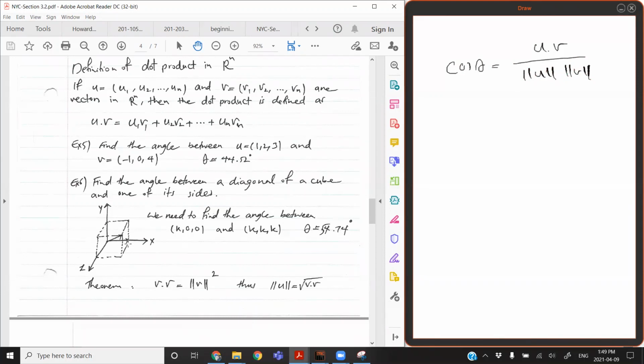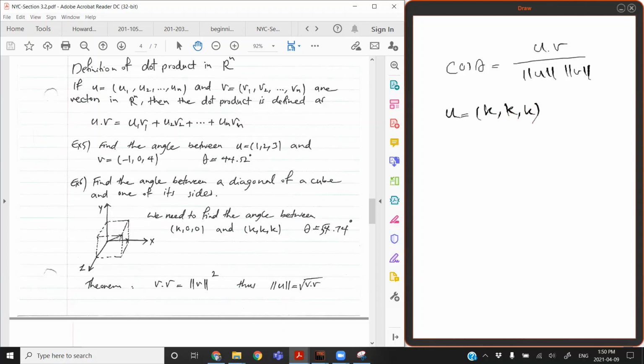If we put that cube at the origin of the XYZ coordinate system, and each side is k, then the diagonal is going to be the vector that goes from the origin to the point (k, k, k). So that diagonal as a vector, let's say u, is (k, k, k).